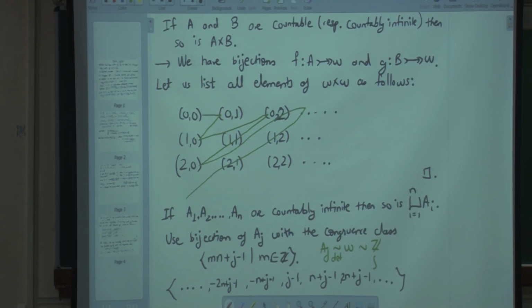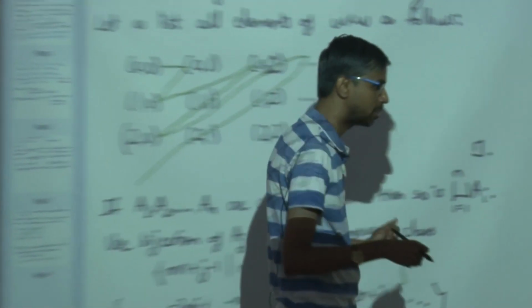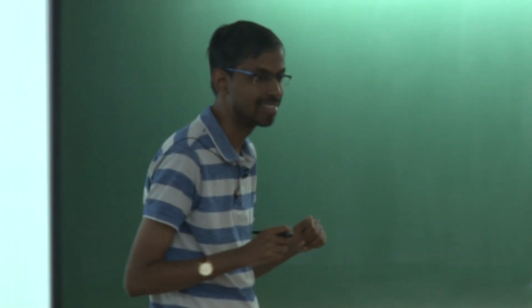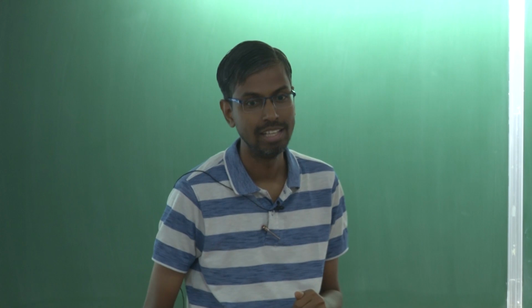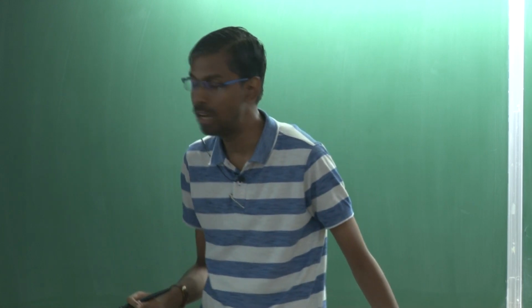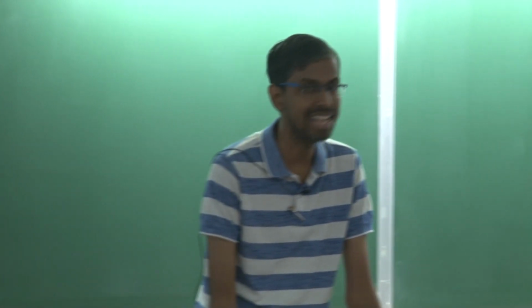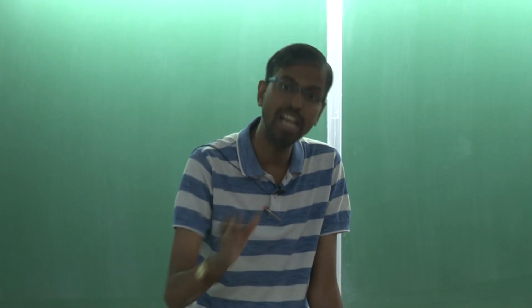Okay, so perhaps to end this session, we should push our boundaries and ask, can we make this result better? Like with N cross N, you can identify it with a countably infinite union. So a countably infinite family of countably infinite sets.